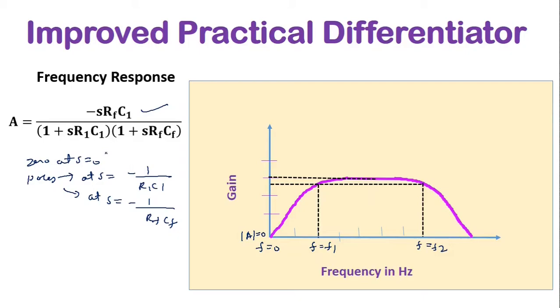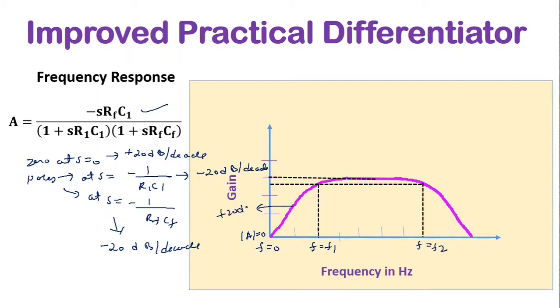Because of this zero at S is equal to 0, we have the slope of plus 20 dB per decade, and because of the pole we have minus 20 dB per decade slope. Because of another pole we again have a slope of minus 20 dB per decade. So here we can see that the initial slope of this curve will be plus 20 dB per decade, and here the slope is 0 dB per decade.